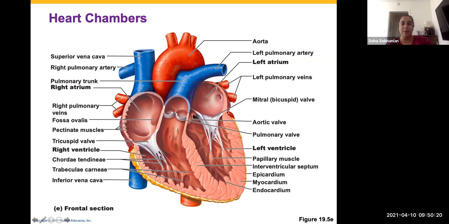These two little bulbs that are connected to my aorta are called the aortic valve, as in associated with the aorta. Please do not call that the aorta valve. That's not the proper name. So it's the aortic valve and the pulmonary valve.